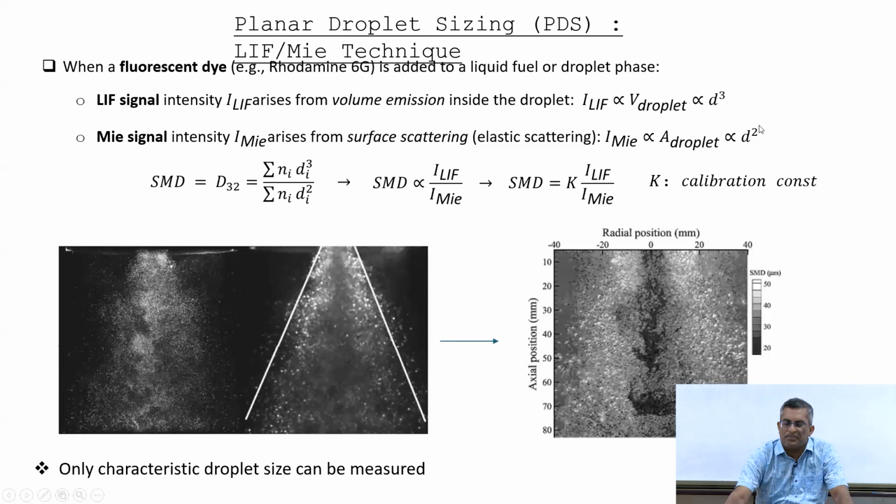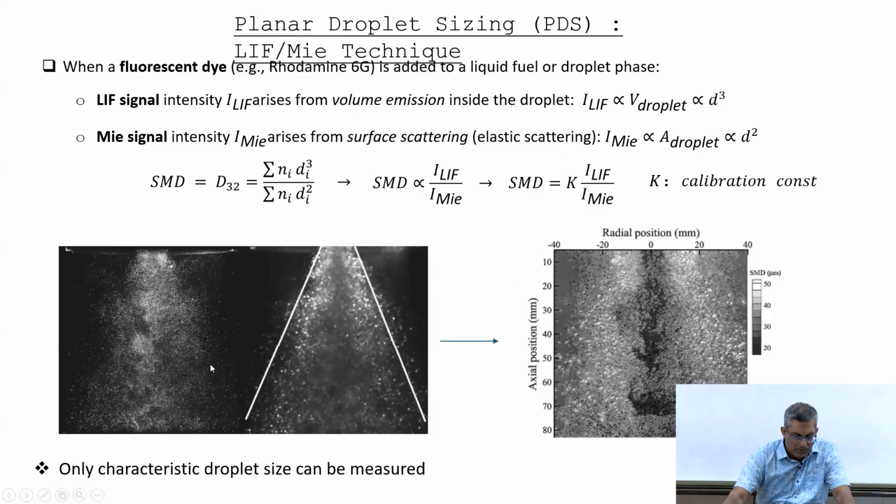So the idea is that if we look at the same location using two cameras, in one camera I have Mie and in the other camera I have the LIF signal, then the ratio should give me the SMD directly, or the Sauter mean diameter. So basically the SMD is proportional to the ratio between the LIF signal and the Mie scattering signal, and we have a constant here, a calibration constant.